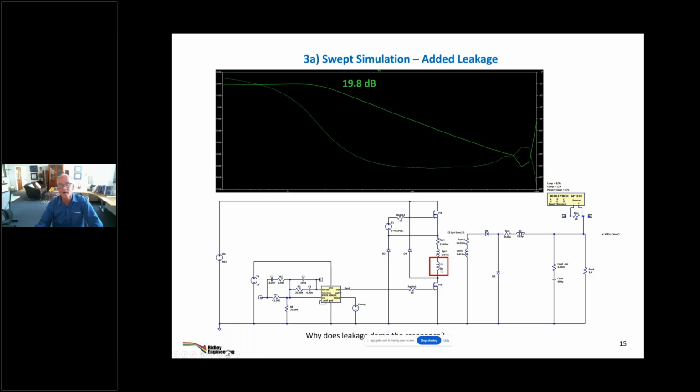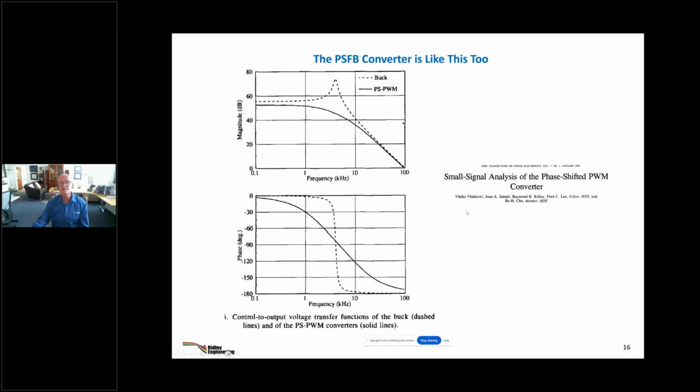Well, how did I know not to add leakage rather than a capacitance on the FETs or some real parameters for the FETs? How did I know that leakage was going to be the trick? Well, that came from some work we did a long time ago, in January 1992. We did the analysis of the phase-shifted full bridge converter. And one of the characteristics of the phase-shifted full bridge is that it has a big primary leakage.